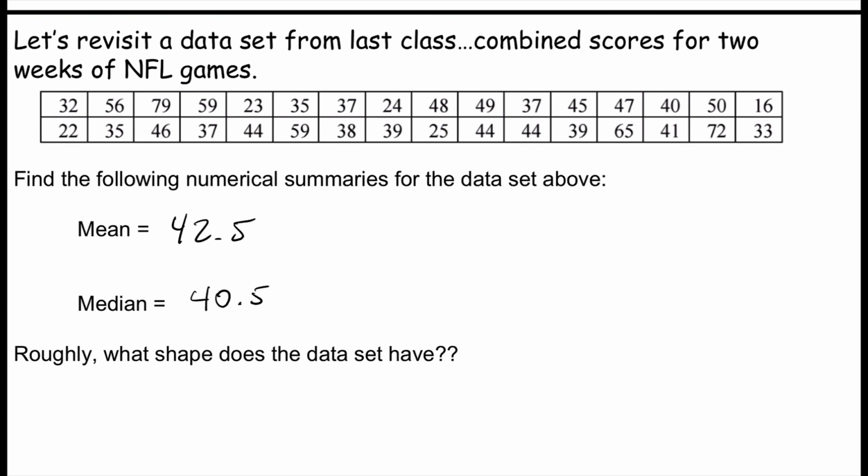Let's say you said, well, you know what? That's not too far off. That's only 2 points. So they're pretty symmetric because the mean and the median are pretty much the same number. I'd give you full credit, because it's kind of the eye of the beholder.